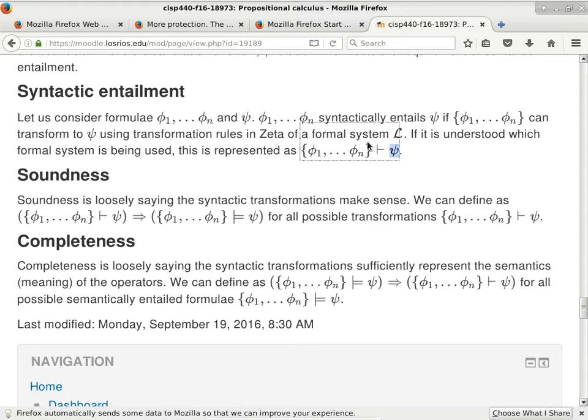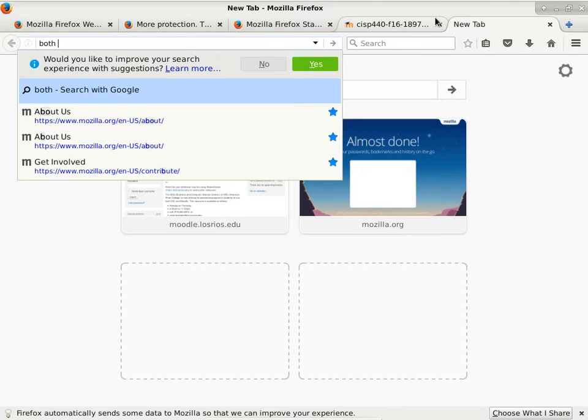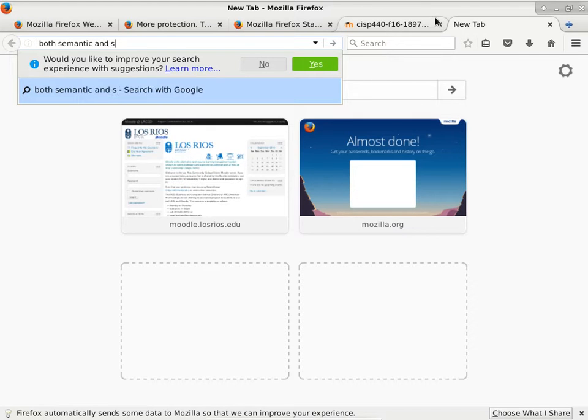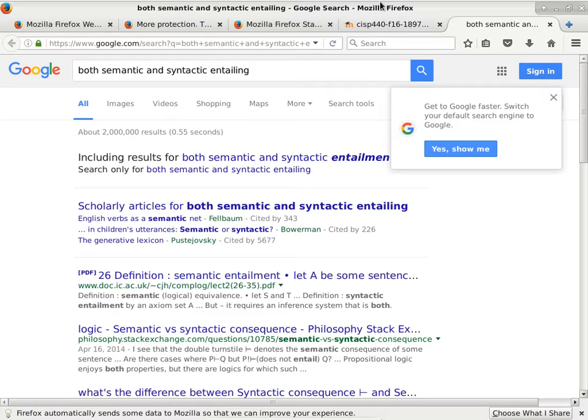Is there a term for both, like bijective? I do not think so. You can probably look it up. You can just look up both semantic and syntactic entailment, and go over the article. There you go.